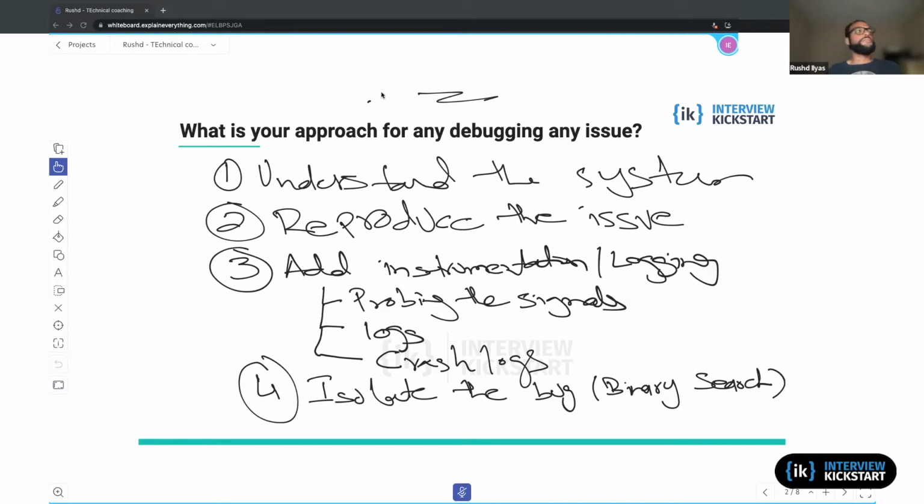The other place where binary search is very helpful is if you know that the last build, like let's say there are nightly builds or weekly tests happening by QA, and you're saying, oh, 2 weeks ago it was working fine, but now suddenly it's not working. Then you go 2 weeks back and make sure that it was working as expected. Then you jump into the middle, 1 week back, and see if you can reproduce the issue.